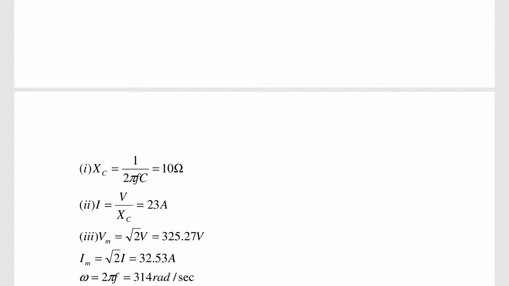When we want instantaneous equations, the maximum voltage or maximum current is multiplied with the sinusoidal sin theta, and we get the instantaneous equation. For that reason we have to determine the maximum voltage and maximum current.